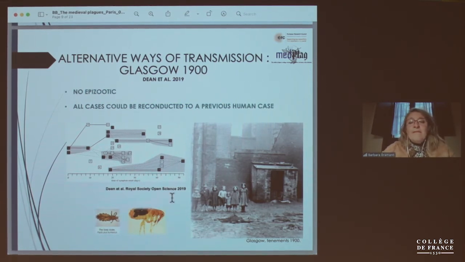So this is evidence that shows how it is possible that plague was really transmitted from human to human, and for sure by contact, sharing objects, or perhaps also some clothes.